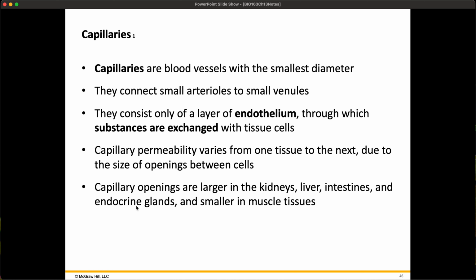Same thing with endocrine glands: they're releasing hormones, so they have larger openings to allow things to exit or enter as needed. Muscle tissues don't really do that. They don't do any blood filtration, and they may produce some waste, but they're not producing large hormones or proteins. So they have very small openings. They really only need the exchange of needed nutrients, glucose, oxygen, water, and the removal of waste.